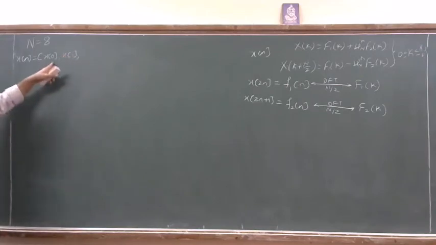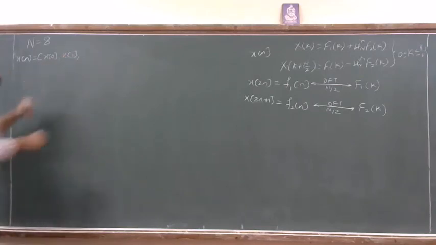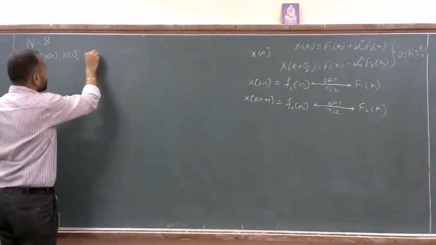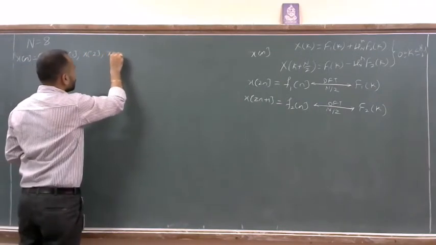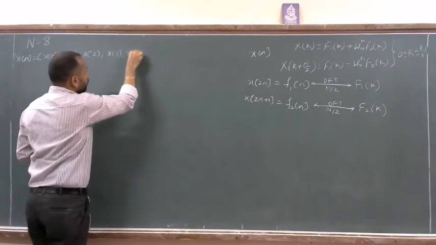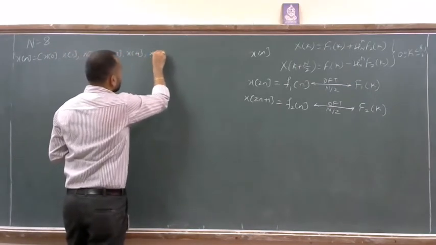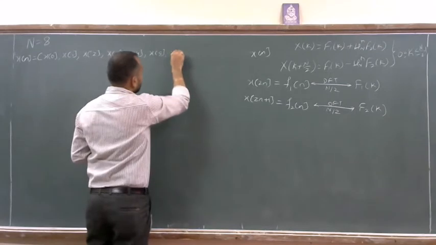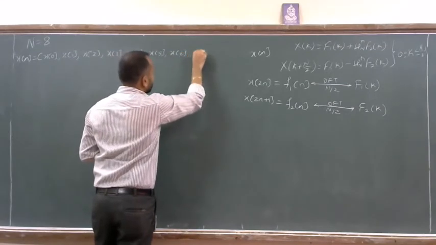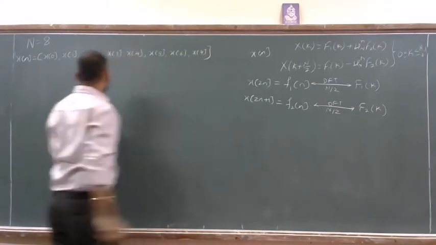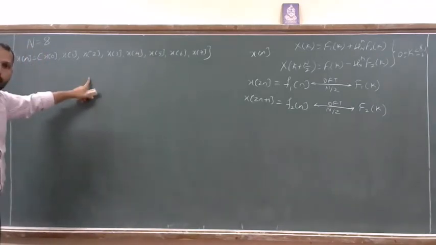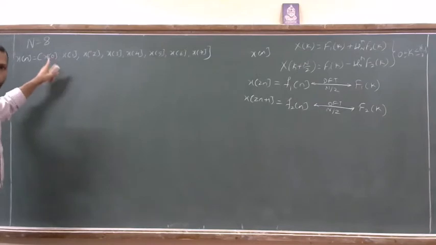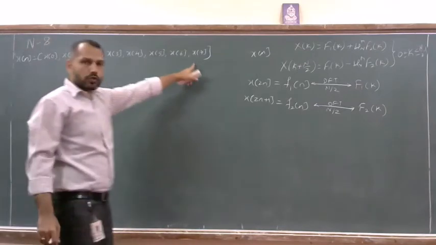Because we are generalizing, I am taking these notations: x of 0, x of 1, x of 2, 3, 4, 5, 6, and 7. For capital N equal to 8, the discrete time sequence will have 8 samples starting from x of 0 through x of 7.